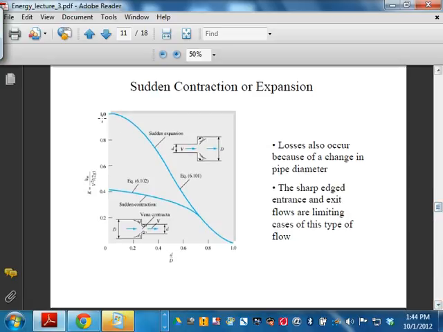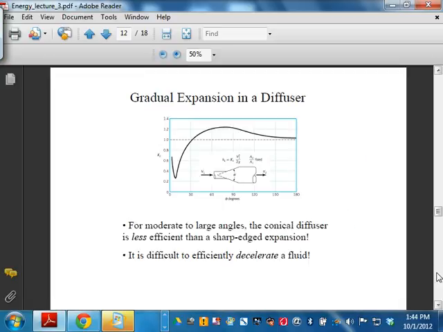If you're up here, quite high, up to 1, expansion gets a lot of losses, contraction not so bad. If you want to reduce losses, then you can put a diffuser in there. Then the losses, KL, are a function of the angle. The best you can do is around 7 degrees.